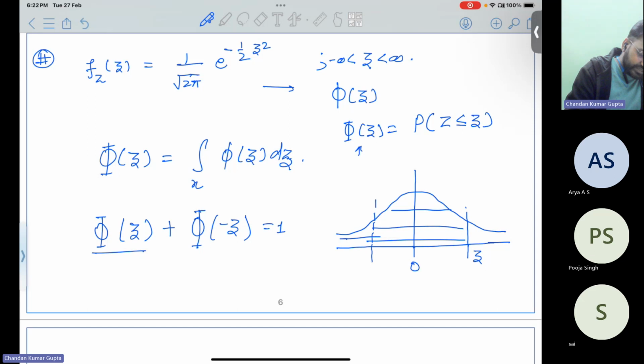This is minus z. Okay, so this area is equal to this area.